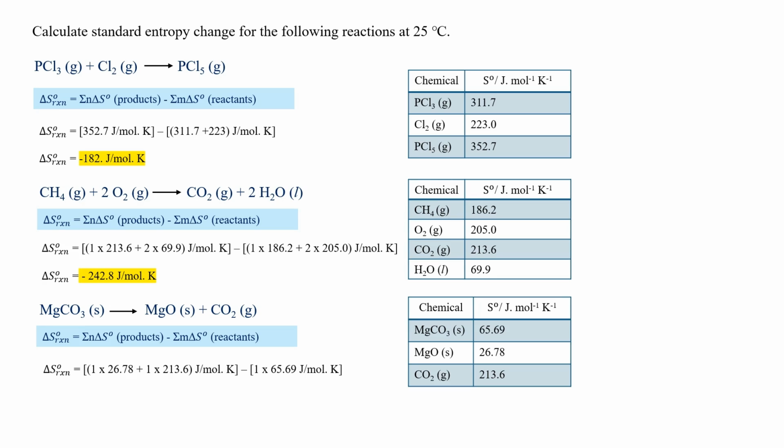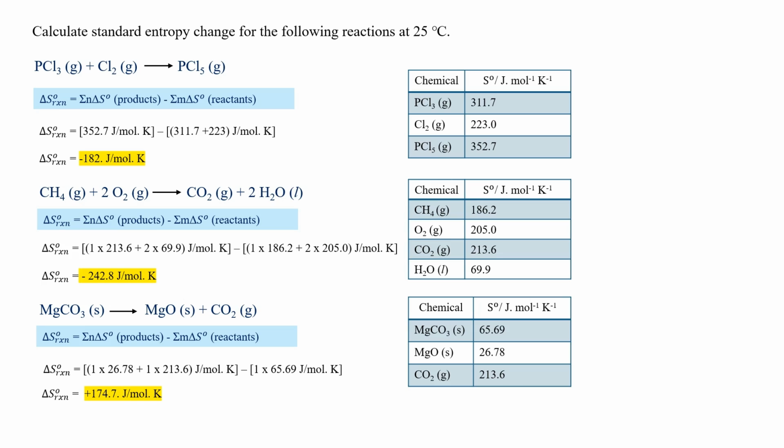The product values are MgO, 26.78 times 1, plus carbon dioxide, 1 times 213.6, minus the reactants. Only one reactant, magnesium carbonate, 65.69 is the standard entropy value. Then the reaction standard entropy change is positive, 174.7 joules per mole per Kelvin.